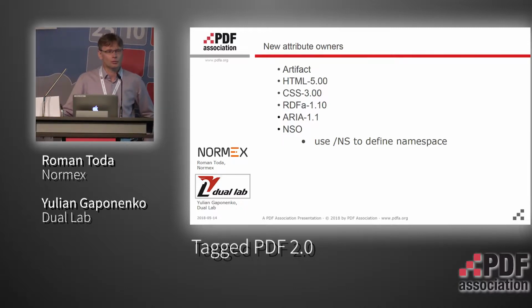This allows developers that are doing conversions to preserve the information that exists in the original document, especially in HTML, in the same way as it is in the original file, and you can carry it to a PDF. That way you're not losing anything during the conversion, and then the post-processor can decide based on this information. So you're basically using the same language as it is in the original file.